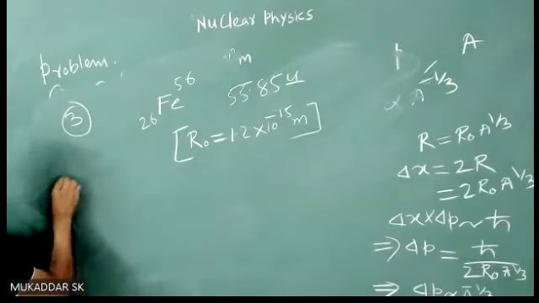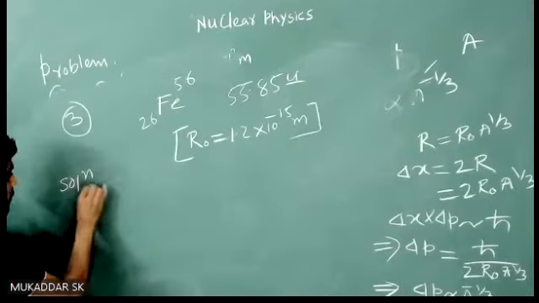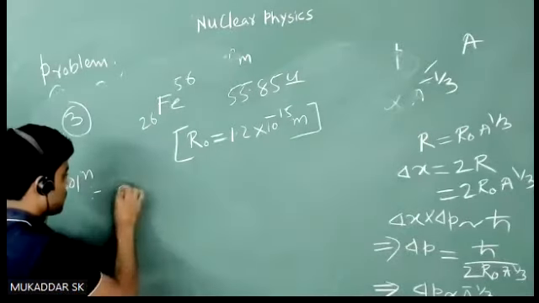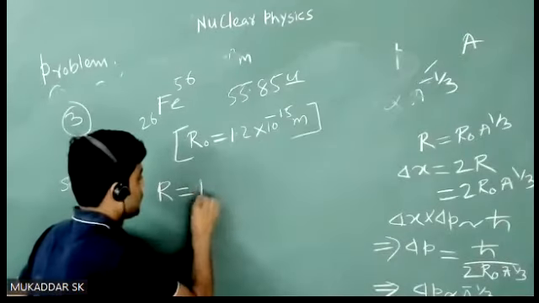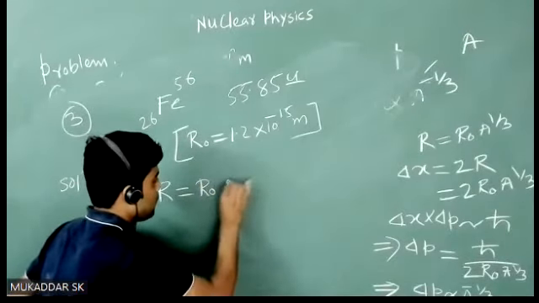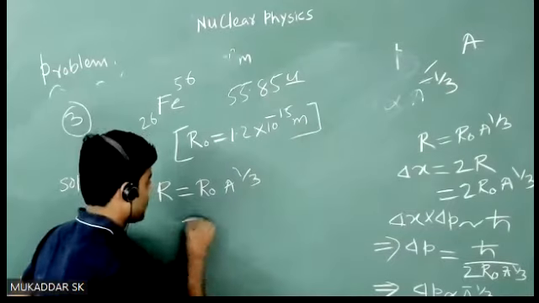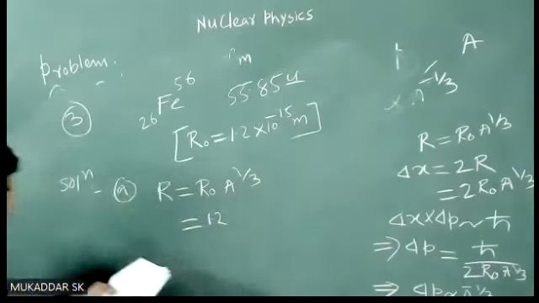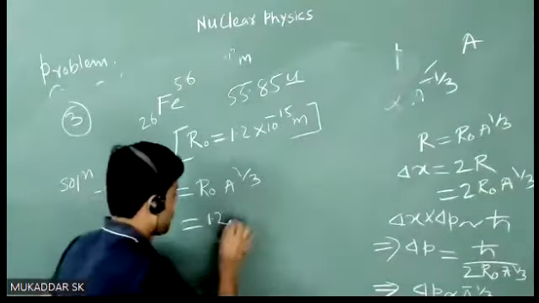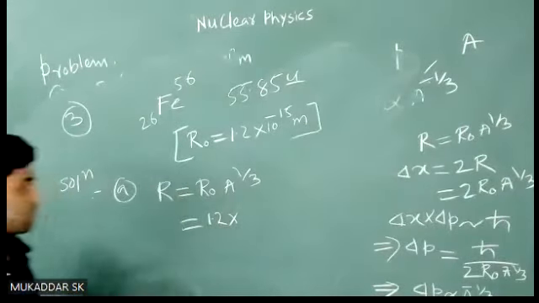Okay, so first part is very simple. R will be the radius of that nucleus. It will be R naught A to the power 1 by 3. R naught is given as 1.2 femtometer, right? Sir, in meter.